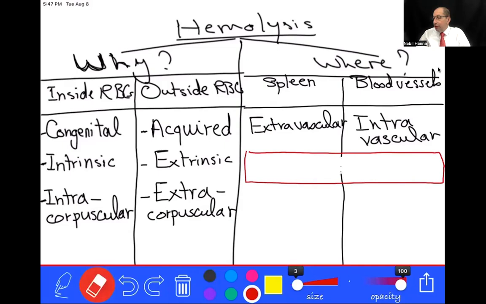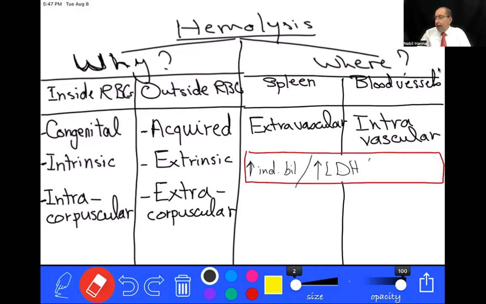So whether the red blood cells hemolyze in the spleen or in blood vessels, in all cases of hemolysis, you will have increased indirect bilirubin, increased LDH, and decreased haptoglobin.